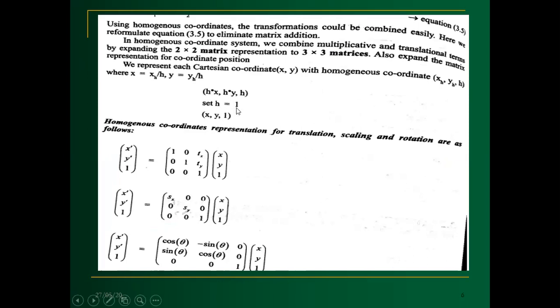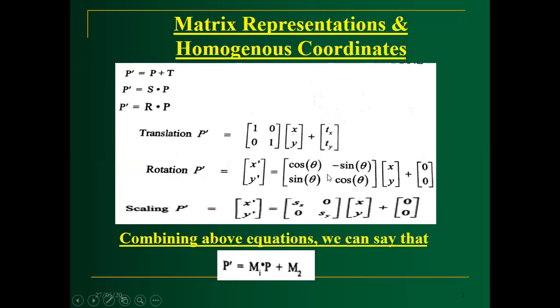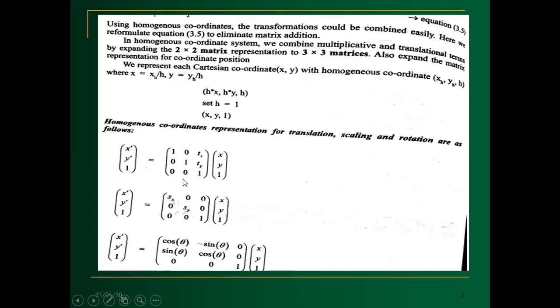If we set h equal to 1, it becomes x y 1. Now the translation, scaling and rotation, which were looking something like this, will now get converted to 3 cross 3 using homogeneous coordinates like this. You can see there is only multiplication. We have just eliminated addition.